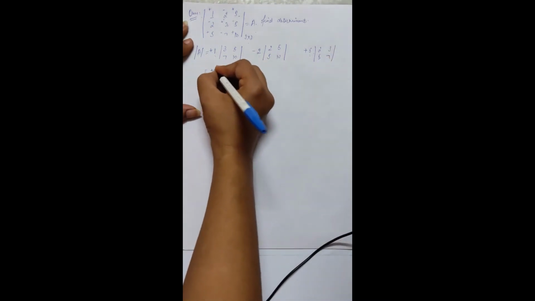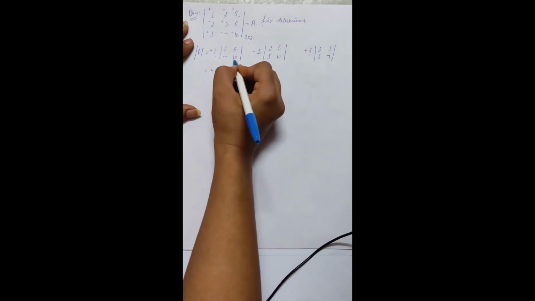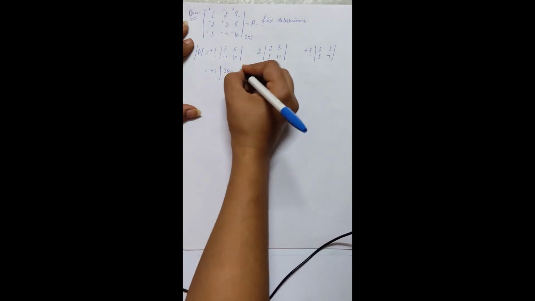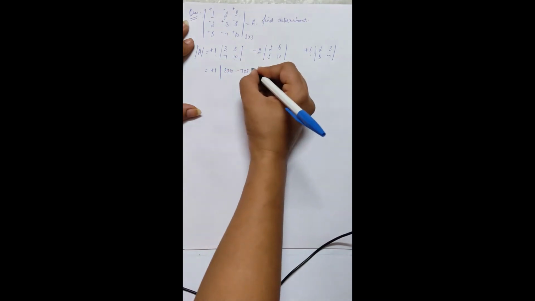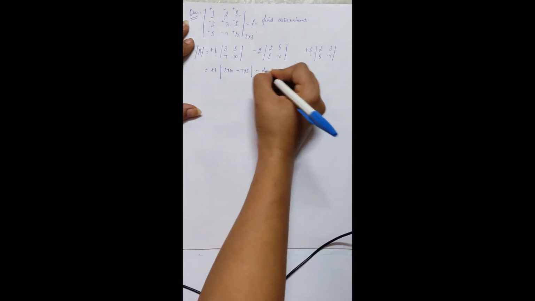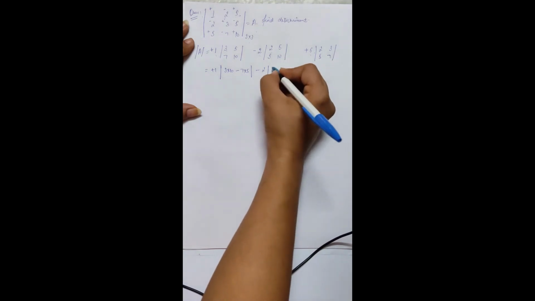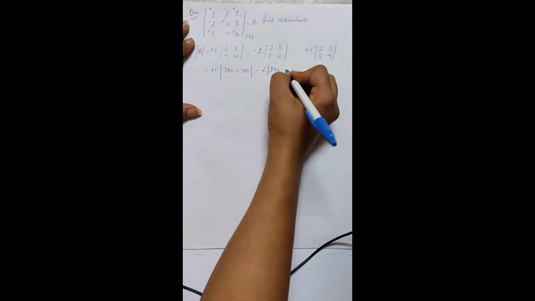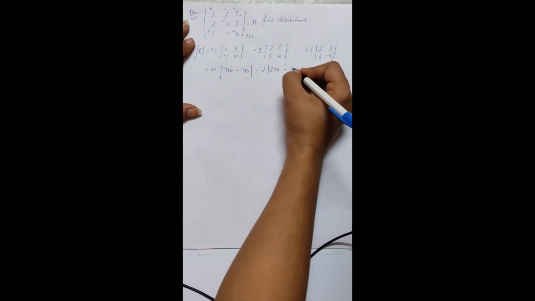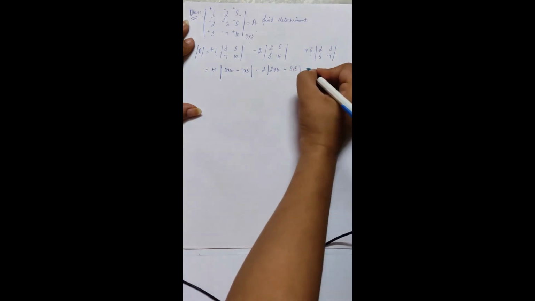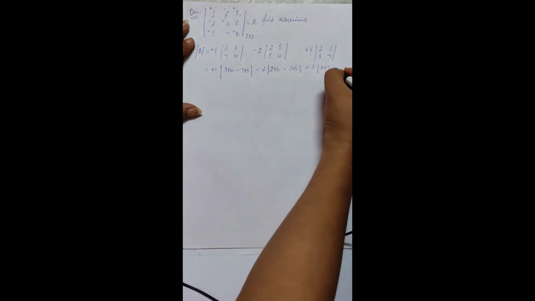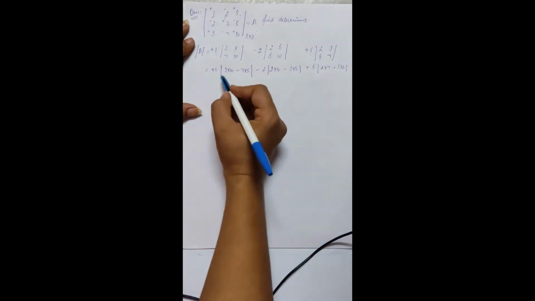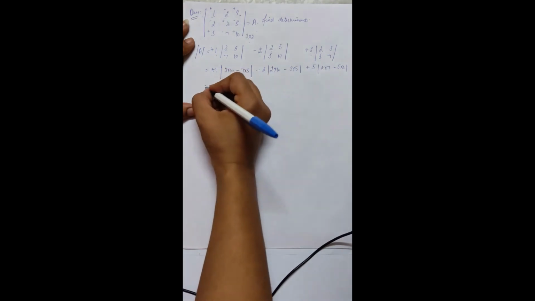The next step is plus 1, 3 into 10 minus 7 into 5. Cross multiply. Minus 2, 2 into 10 minus 5 into 5, plus 5, 2 into 7 minus 5 into 3. Instead of putting these bars, you can also put brackets.